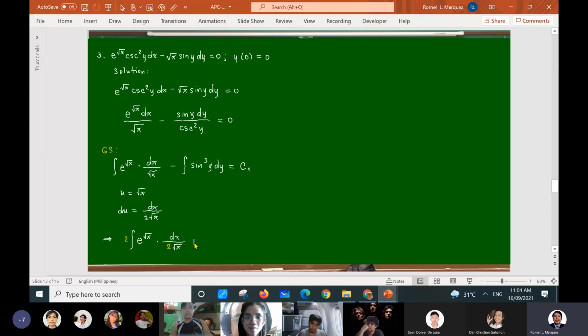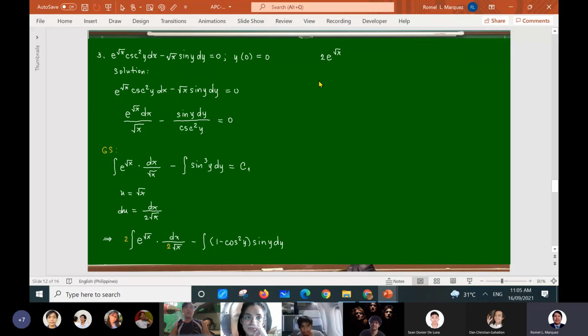But what about the second term? Second integral. That can be evaluated by trigonometric transformation. So it is sine squared times sine. Sine squared means 1 minus cosine squared. This is sine squared times the remaining sine. Then separate by distributive property. The first integral here is equal to 2 e to the u, integral of e to the u du times 2.